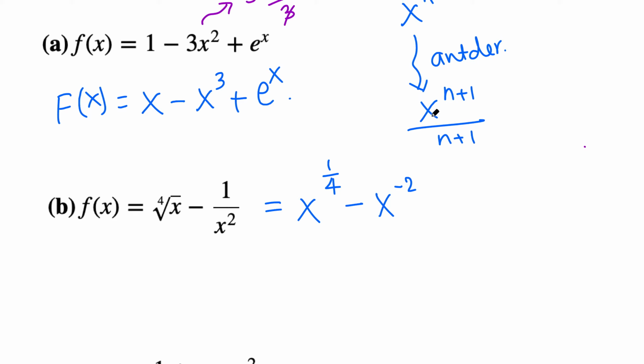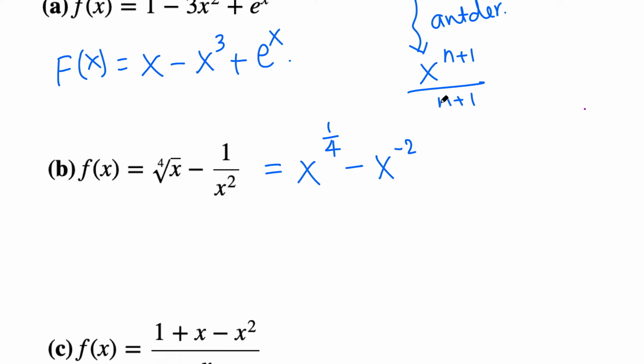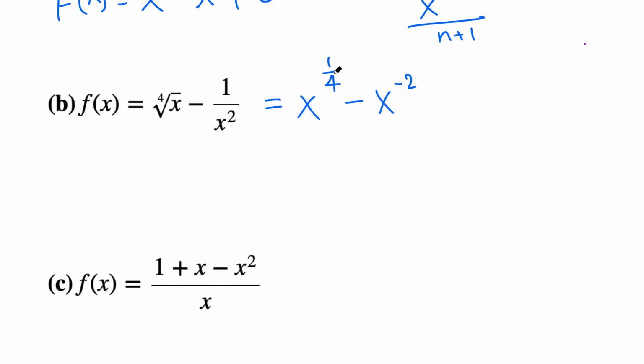Now we can use the power rule when we have x raised to n. The antiderivative is x raised to n plus 1 divided by the same number. So the antiderivative, which we can denote by uppercase F, is x to the 1/4 plus 1. What is 1/4 plus 1? 1 is just 4/4, so 5/4.